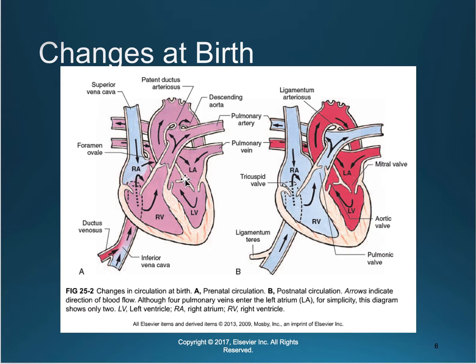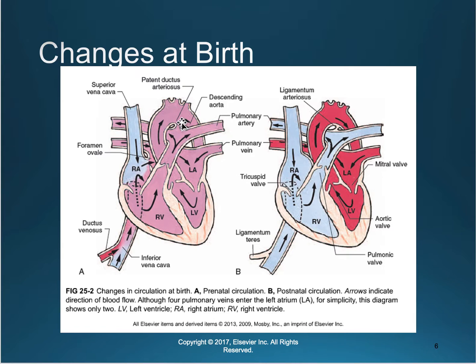And then in the postnatal circulation in B, the deoxygenated blood is coming through the right side and then going into the lungs, the pulmonary arteries, to get oxygenated. Because in figure A it's bypassing the lungs, because the child is obviously not breathing. The child is in the womb.